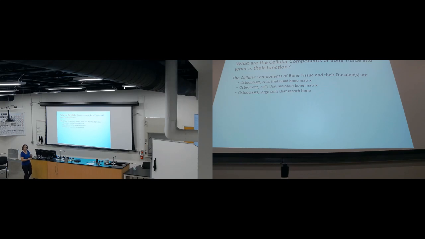Our bones are constantly remodeling. They absorb calcium salts, deposit them into the matrix, and then they release them and get new ones. So all of these cells participate in the process of bone remodeling.